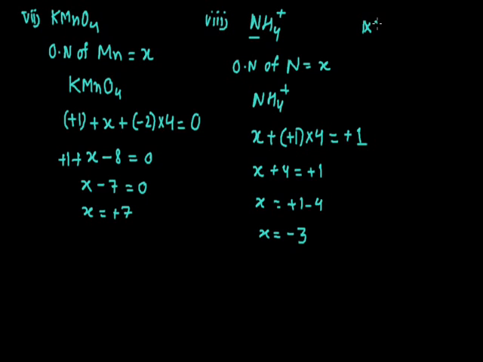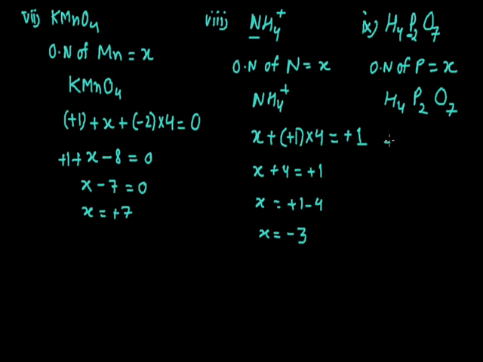Now next example, H4P2O7, and we have to find out the OS of phosphorus in H4P2O7. The oxidation state of phosphorus is X according to our consideration. According to the formula H4P2O7, we put the oxidation number of hydrogen as +1.